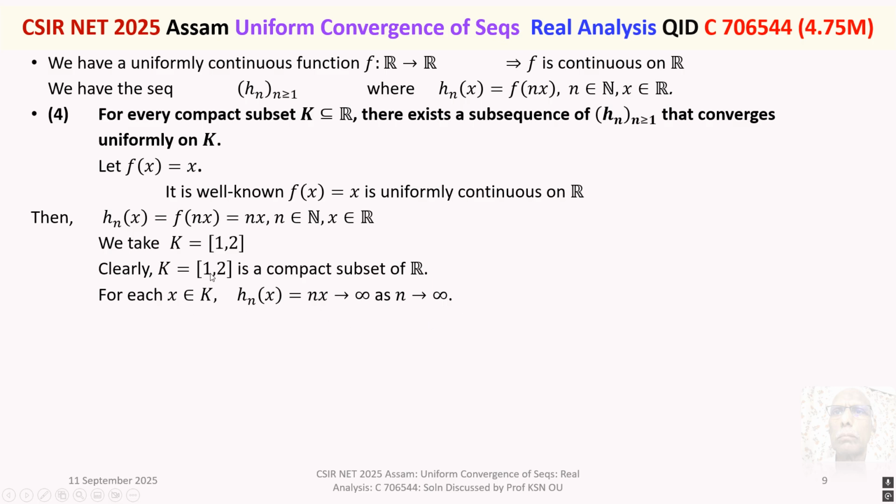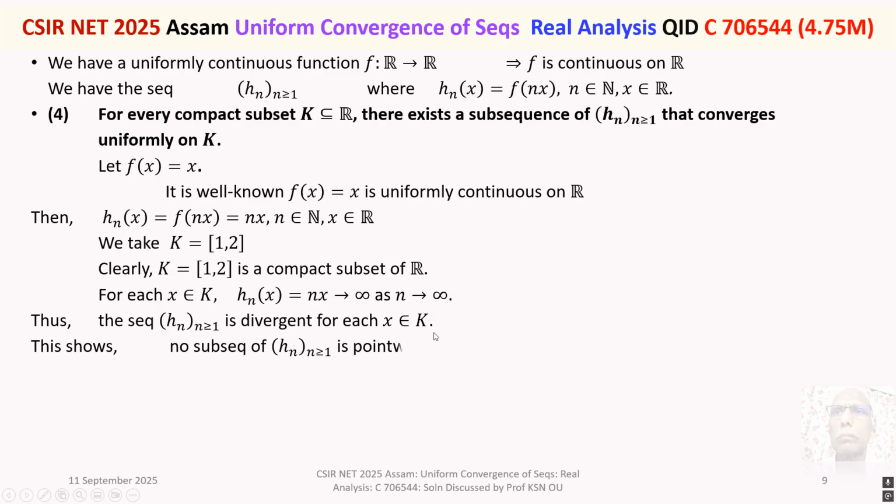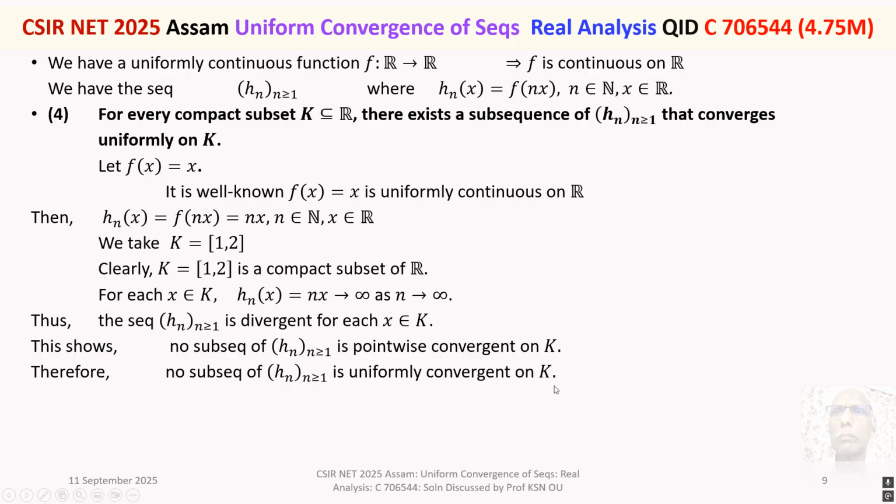So the sequence h_n is divergent for each x belongs to K. This shows no subsequence of h_n is pointwise convergent on K. For each x belongs to K, this is divergent. Therefore, no subsequence of h_n is pointwise convergent on K. When there is no pointwise convergence, there is no uniform convergence. Therefore, no subsequence of h_n is uniformly convergent on K.